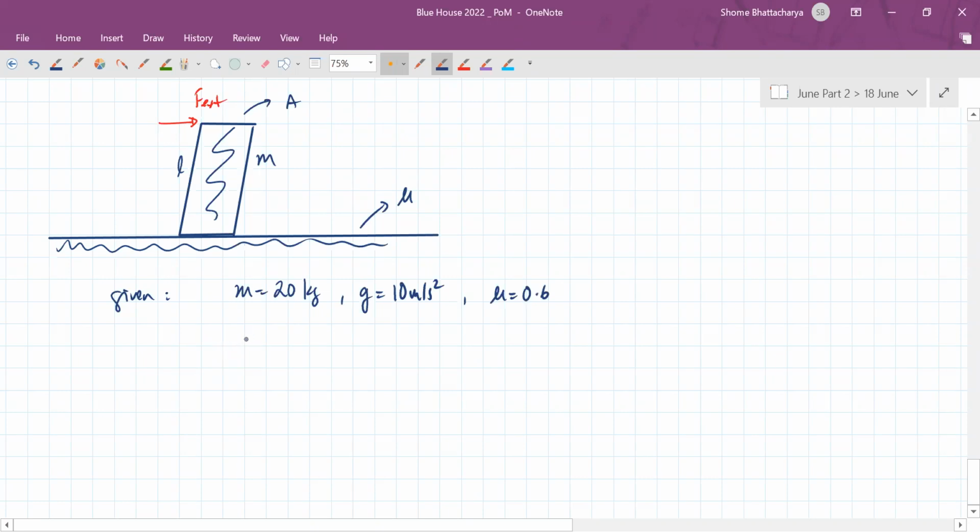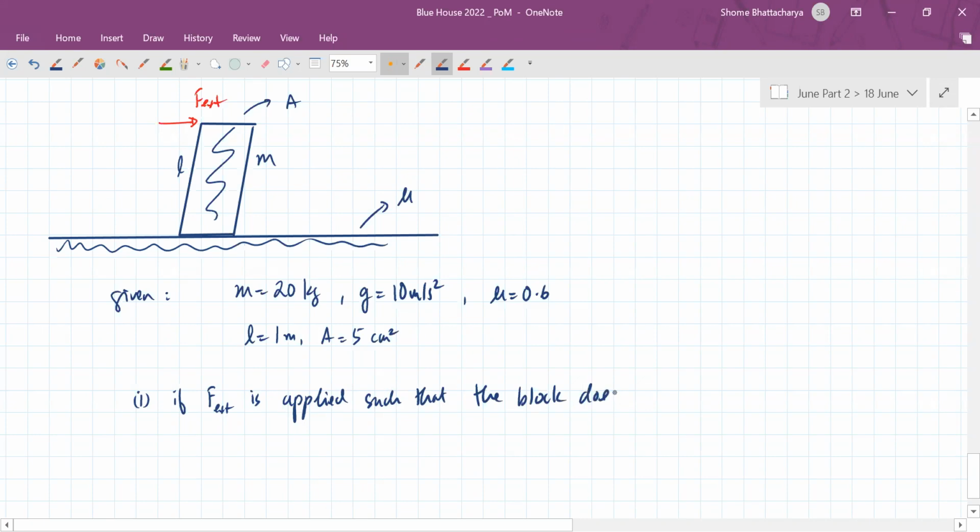So first of all, if F external is applied such that the block does not slide, then find the maximum possible shearing stress.